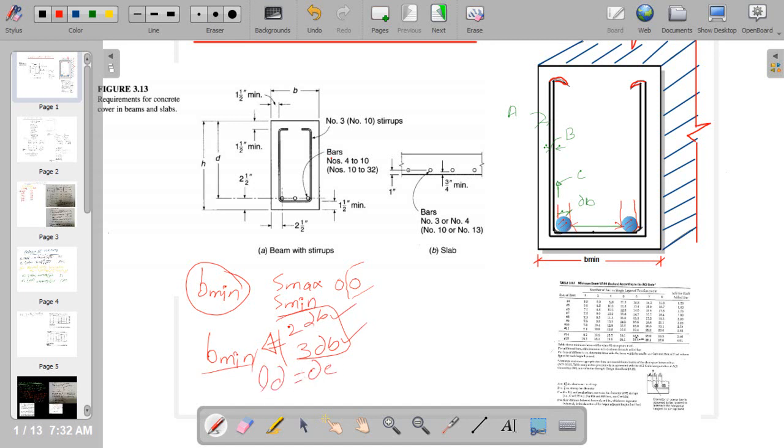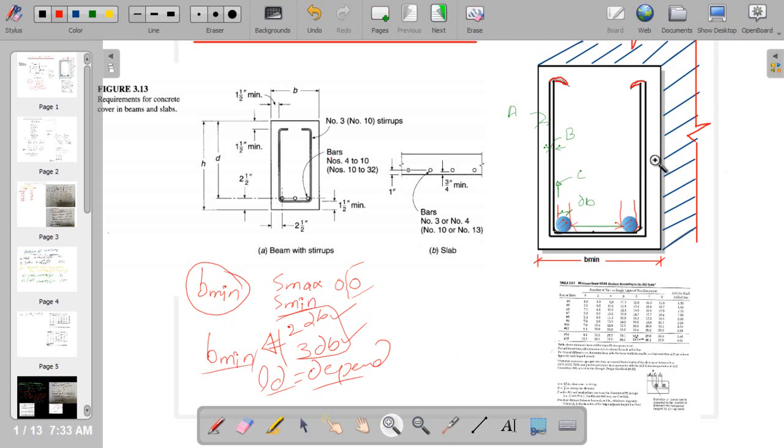I have recorded around 18 lectures on development length, so please go there and watch the development length equation. I have proved it. In that development length, basically it depends on this spacing, which is right here. We will discuss this in a coming lecture, but you must know why there should be a minimum depth.